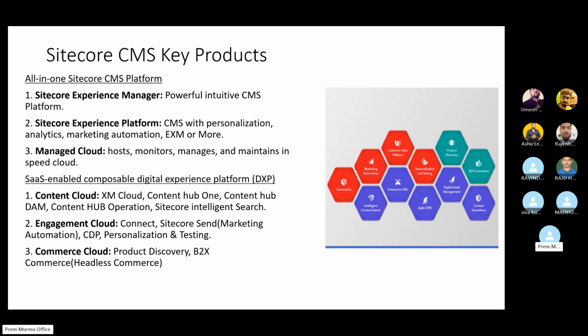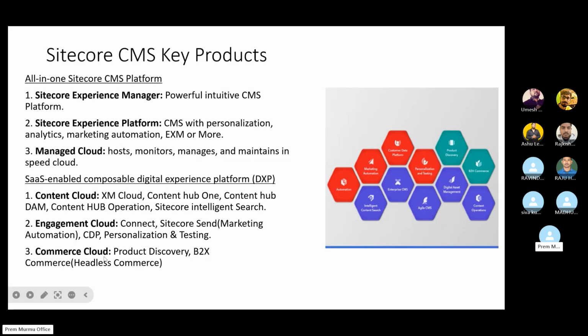Sitecore Send is email experience, or email marketing, so it gives us marketing automation in terms of email. Next we have CDP, personalization and testing. CDP is the customer data platform, and with personalization we can personalize the platform and application.